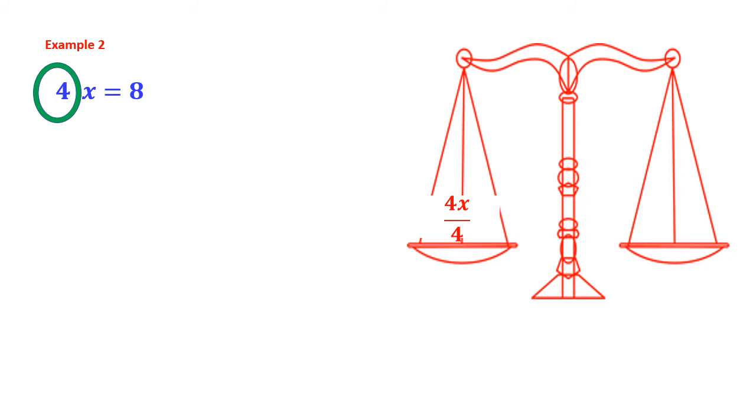And what about the RHS? According to rule 1, whatever we do in the LHS, the same operation we are going to do in RHS. Here we have divided 4x by 4. The same thing we will do in the RHS. Just think it over. What are we going to do in RHS? Yes, we are going to divide 8 also by 4.